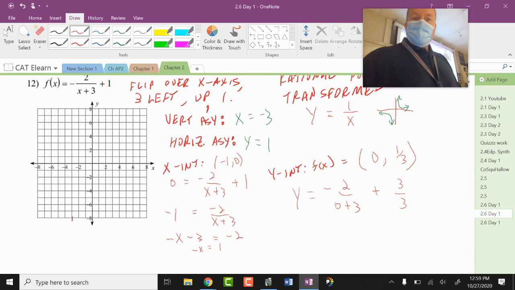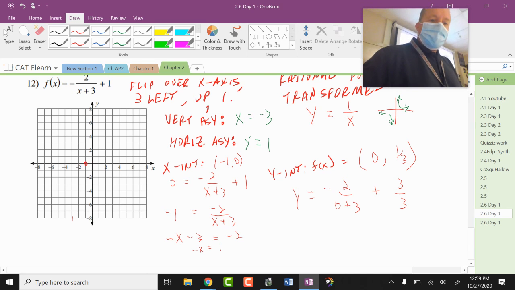Okay, so -1 comma 0. I didn't draw anything. -1, 0. 0, 1/3. Okay, I bet you know what's going on with that. X equals -3 is right here. And then y equals 1 is right here. And then I know what's going on, because I could see these two x and y intercepts, this has to keep going.